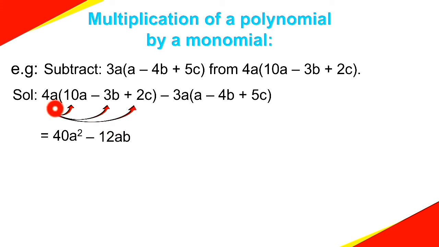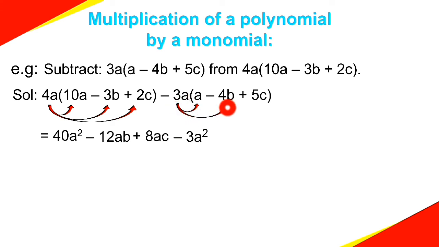What is the next one? 4a into 2c. 4 2s are 8ac. Right? Next one, minus 3a into a. It can be written as minus 3a power 2, because a power 1 into a power 1 can be written as a power 2.